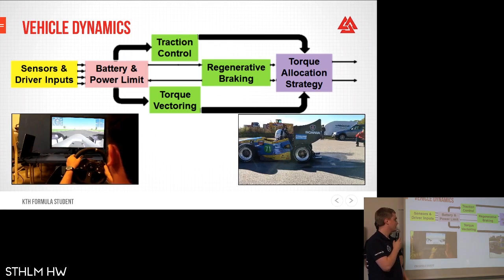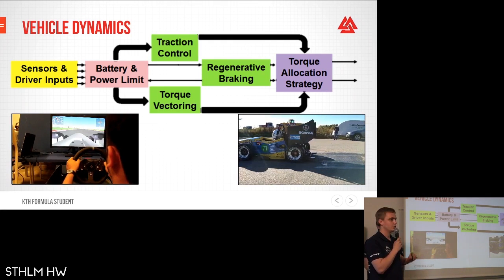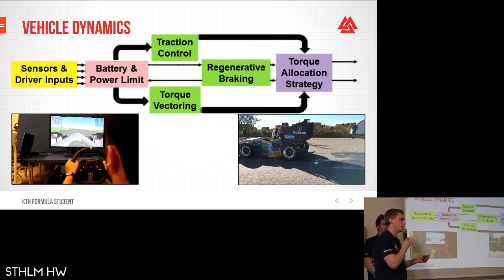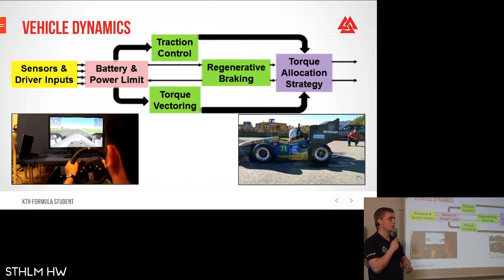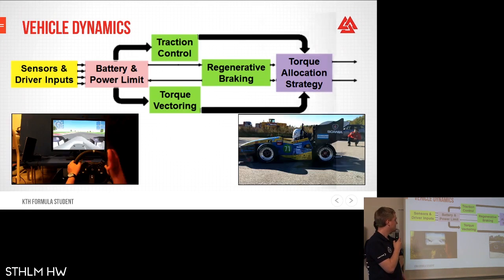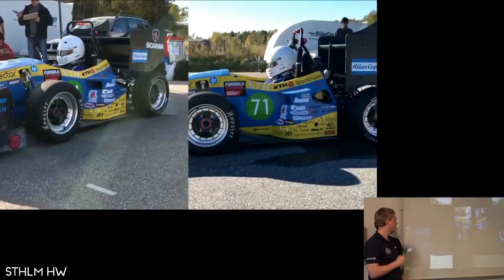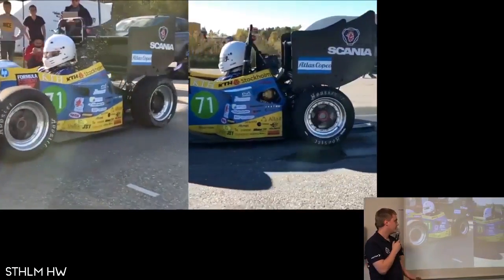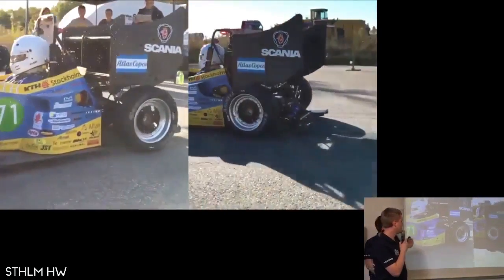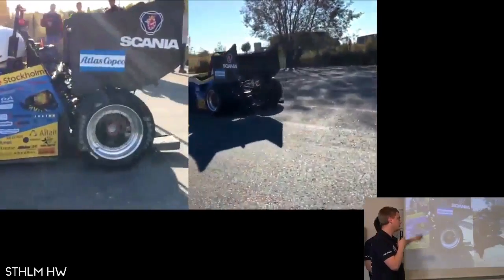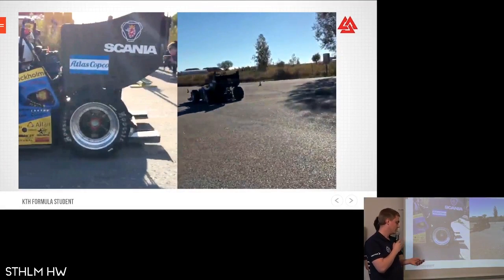So now I will try to show a video of how it looks without the controlling, without all the sensors, and then after. So this one is without any controllers, and you can see it slips all the time.